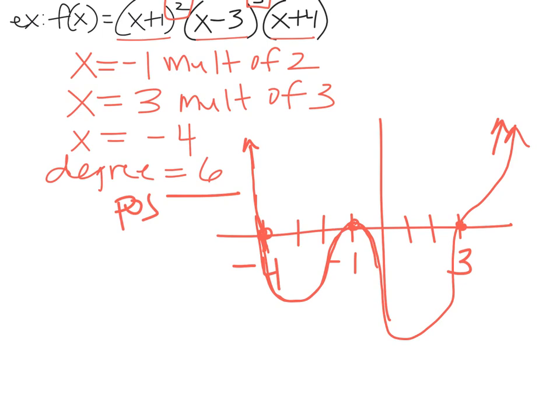This right here has a multiplicity of 1, this one had a multiplicity of 2, and this had a multiplicity of 3. So they're going to act like each of those things. Isn't that so cool?